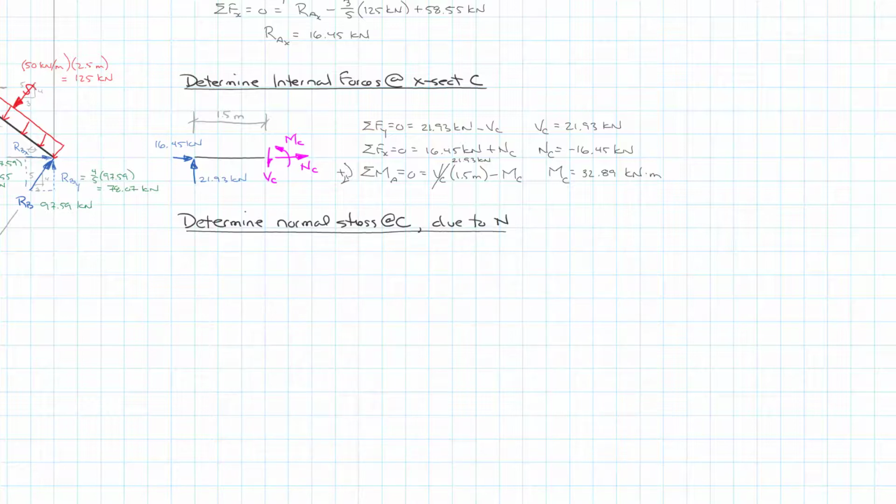And the formula appropriate to a normal stress is our stress at C is equal to our N sub C over A. So that's P over A, but I've substituted in the actual nomenclature that we've been using in this case, which is N. And we set that equal to minus, this is in kilonewtons, I want to work in newtons, so 16,450 newtons divided by the area, which is 50 millimeters times a height of 250 millimeters.